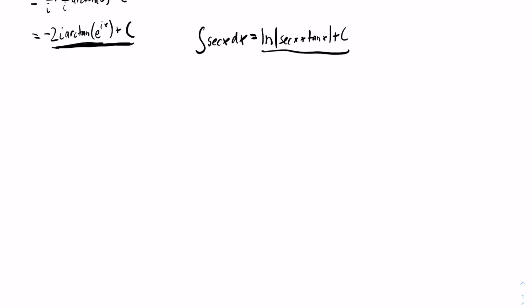But in fact, something that you should note is that we're taking the real part of negative 2i arctangent of e to the ix plus c, and that does actually equal the natural logarithm of the absolute value of secant of x plus tangent of x, plus c, and that equality is true.